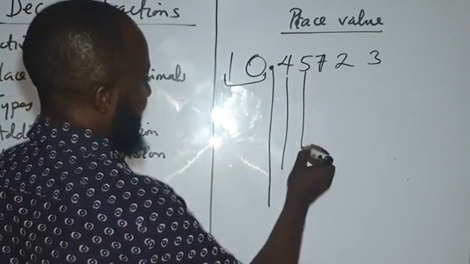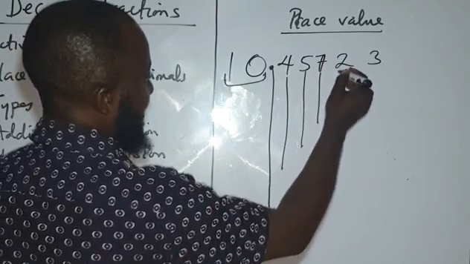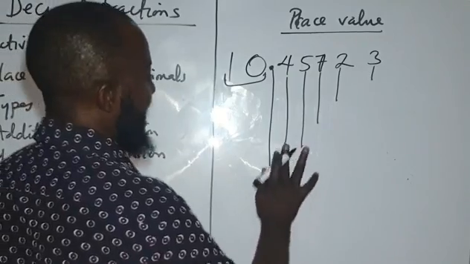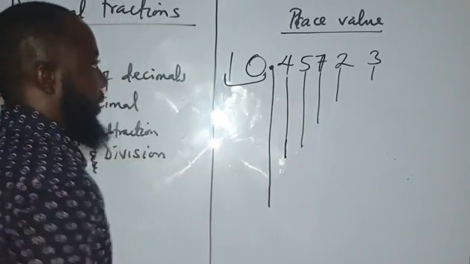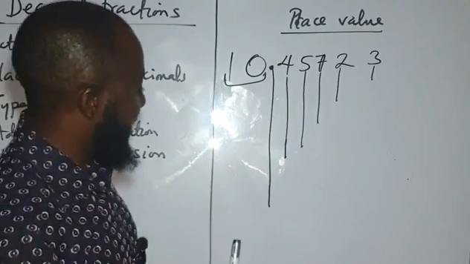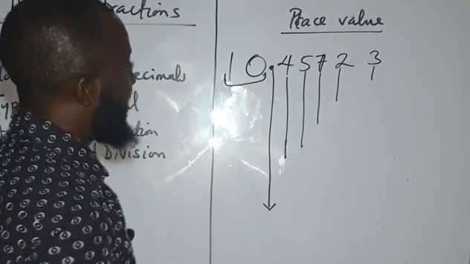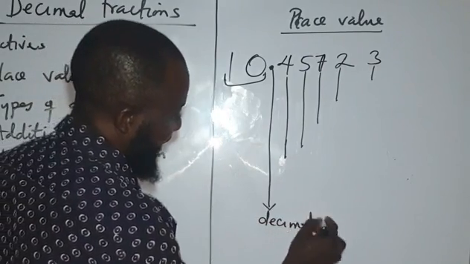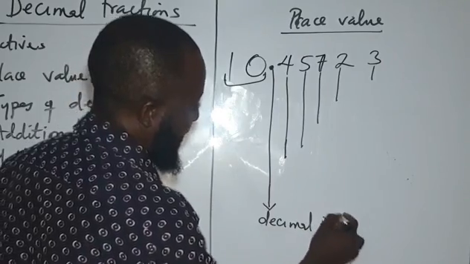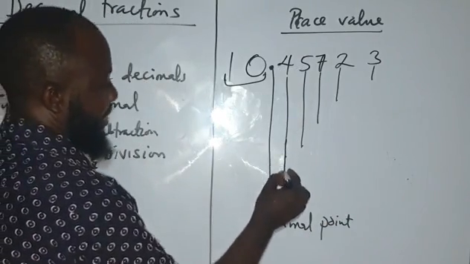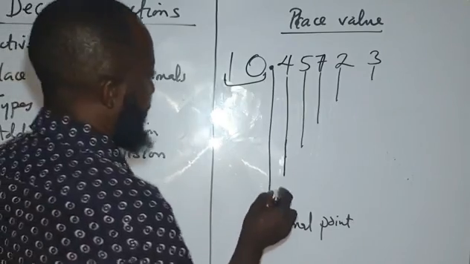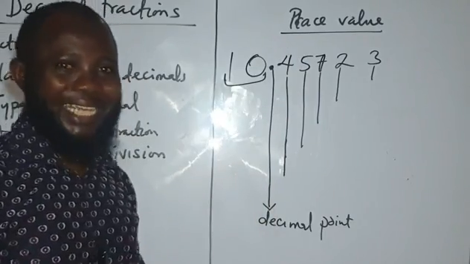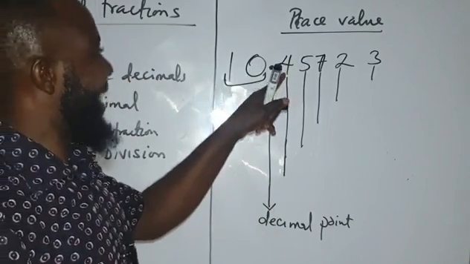Immediately after the decimal point, the next digit is what we call tenth. What do I call it? Tenth. It is immediately after the decimal point.